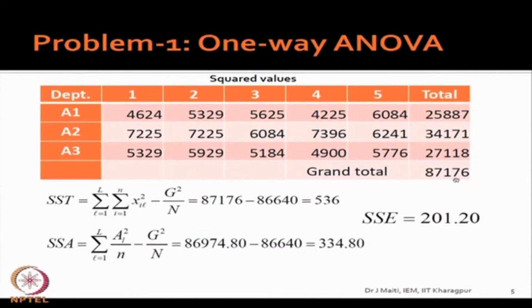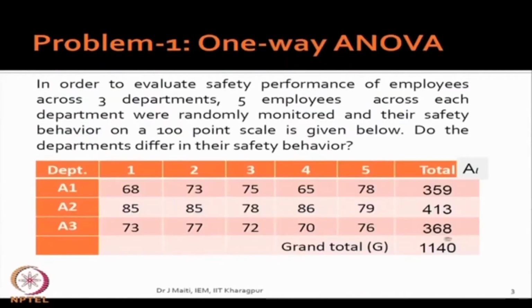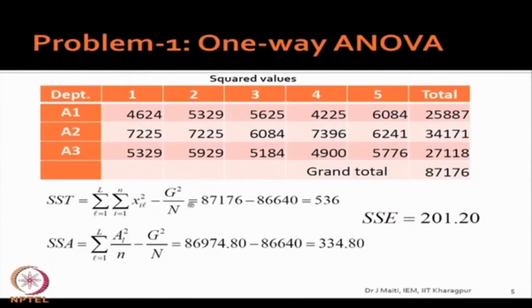So the SST calculation formula is L equal to 1 to L, I equal to 1 to N, XIL square minus this. Now this value is the sum of squares of all these values, so it is 87176 minus G square. G we have already found out. You see what is the value of G? G is 1140, so 1140 square by N. What will be the value of N?